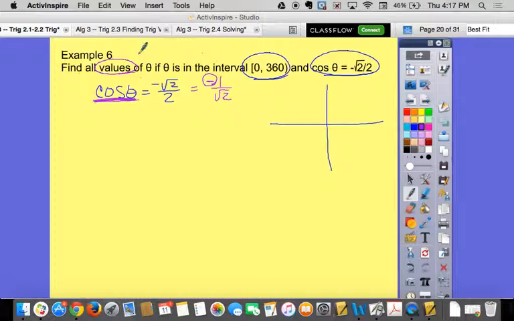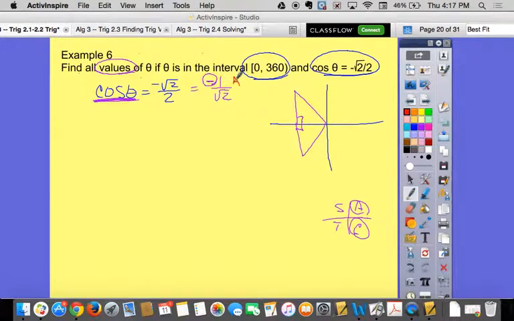That is because cosine is negative in 2 quadrants. Now, which 2 quadrants is cosine negative in? Because if we did our little all students take calculus business, we know he's positive here and here. So he's negative here and here. Make sense? Okay.